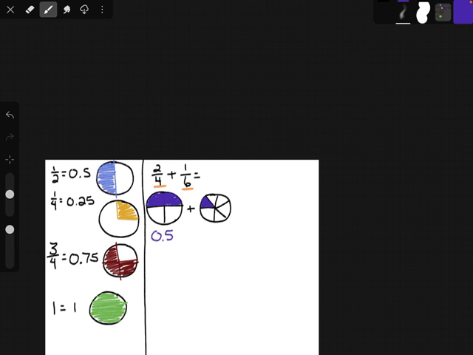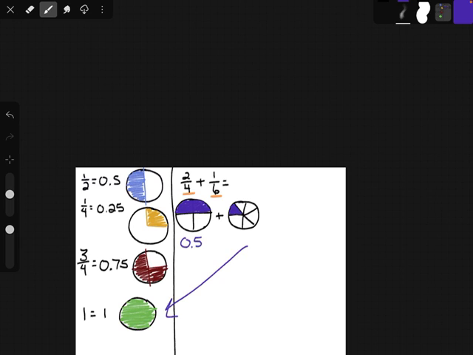Now, which pie looks most like the pie that represents 1/6? This is where greater than and less than comes in. We know that 1 is too big, because this is a small slice, so it's less than 1. 0.75 is too big.